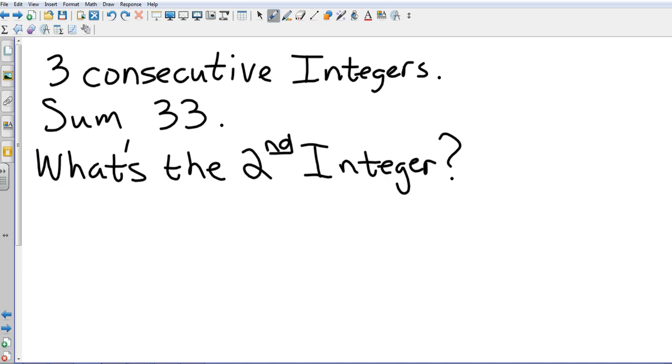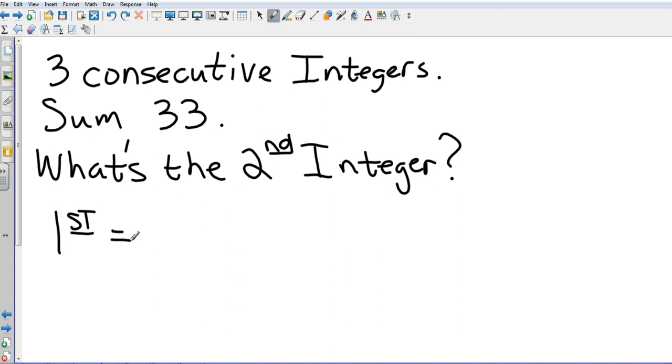But we do have to find all 3 to find the second one. Okay? Consecutive integers. What does that mean? In order. Give me an example of 3 consecutive integers. 1, 2, 3 at its basic form. So how far apart is the first one from the second one? 1. Okay, so our first integer is going to be valued at what?